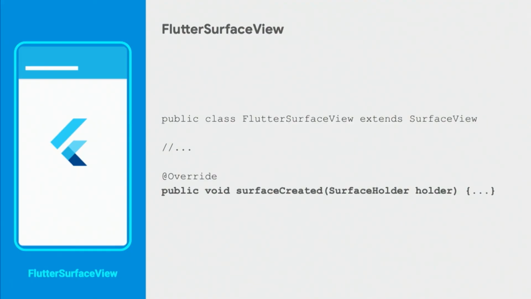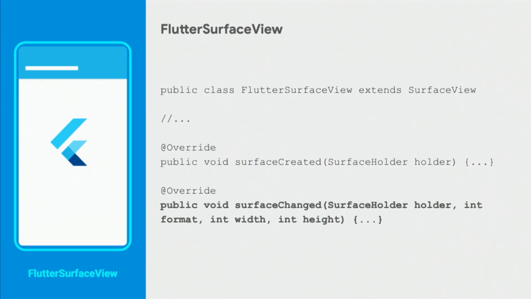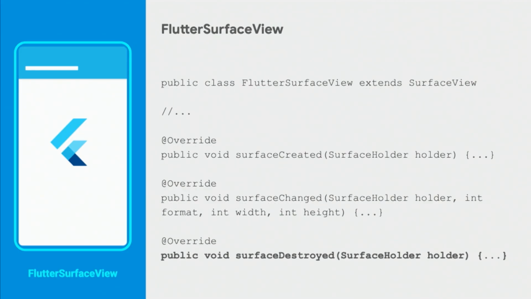Remember, Flutter paints textures. So we send that over to Flutter and say, here's your texture, do whatever you want. Eventually, the framework says, hey, you've changed sizes. So we say, Flutter, you've now changed sizes to this width and this height, update yourself accordingly. And then eventually the framework says you no longer have a texture or a surface, so clean yourself up. We send that message to Flutter: take care of cleaning up that texture.